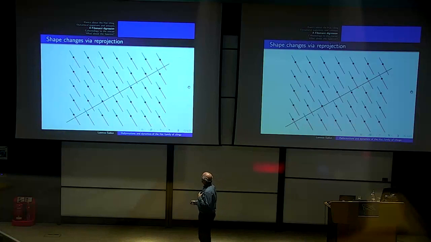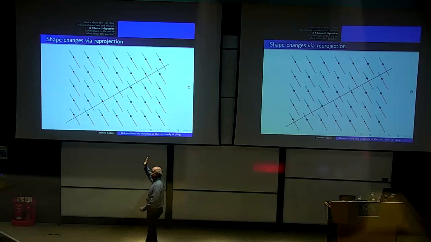What would happen if we took the exact same points and instead of projecting in this direction, we projected along a slightly different direction? If I change the axis of projection this way, this distance will get bigger. This distance will get shorter.